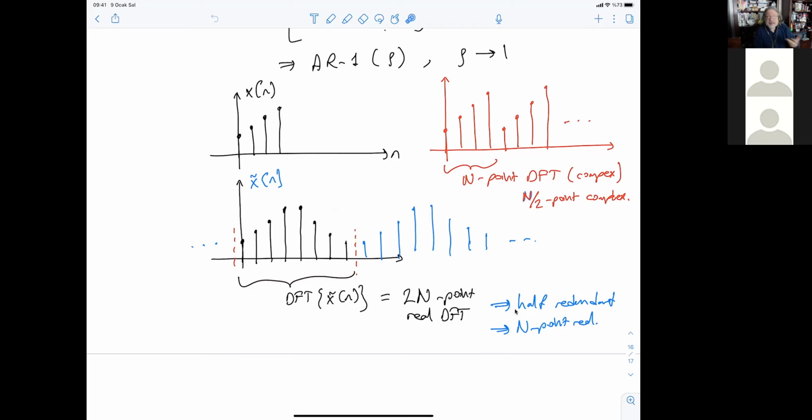But since it's real, there's no conjugation, so it is real and symmetric. So the Fourier transform will also be real and symmetric, and half of it will correspond to the discrete cosine transform. That may be some sort of an implementation of the discrete cosine transform.